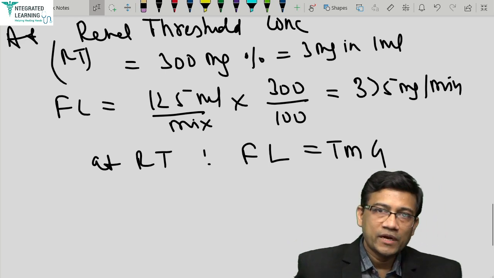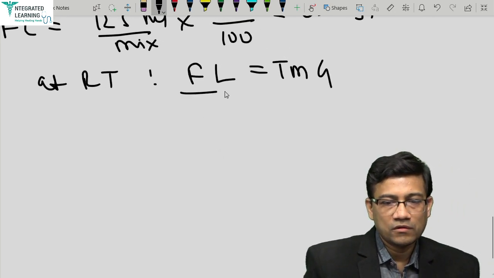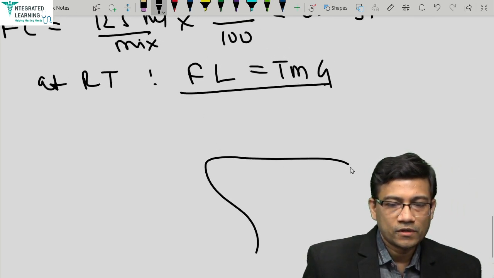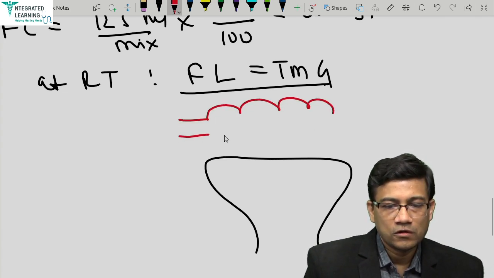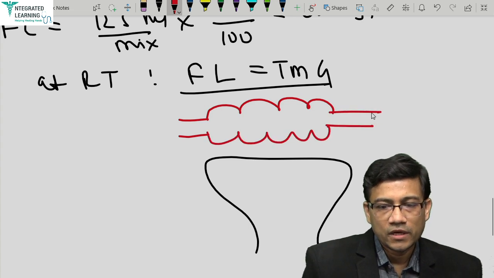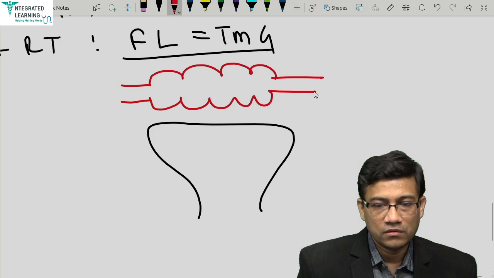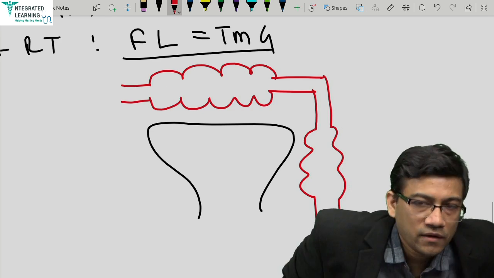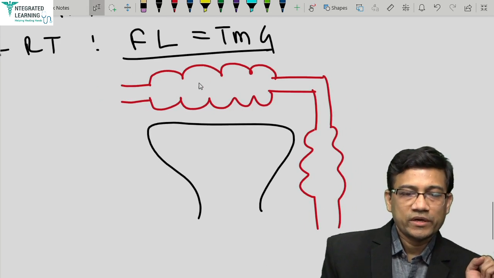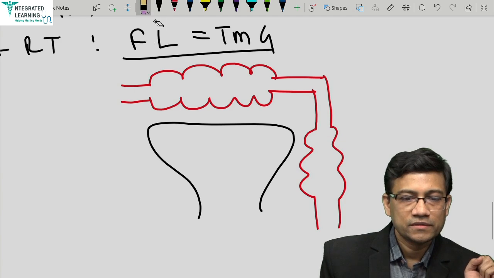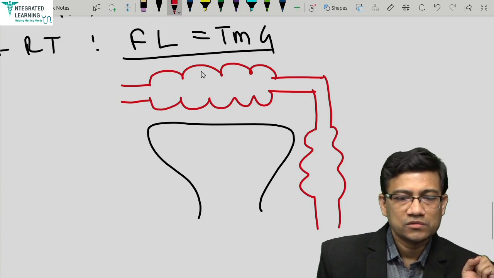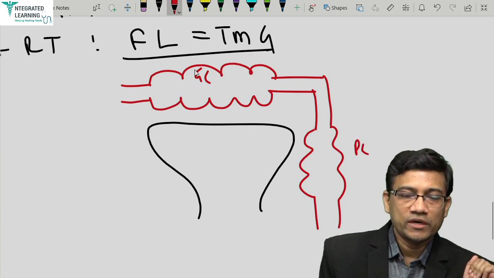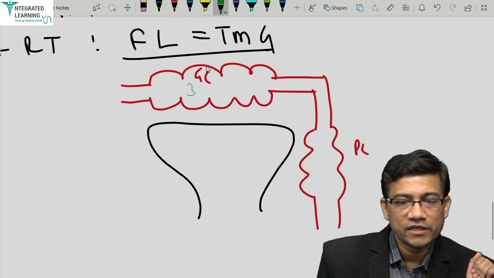Okay, let me show it in diagram form. This is a tubule, glomerular capillary, efferent arteriole, afferent arteriole. These are the blood vessels. So this is the glomerular capillaries. Let's say the blood glucose is 300 milligram percent.